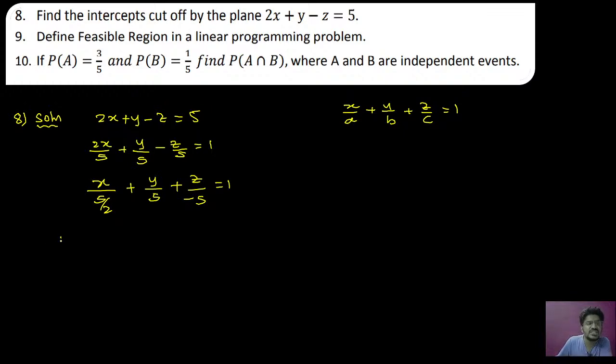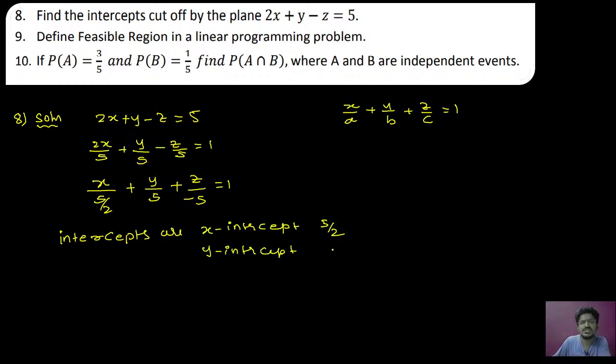Now the x intercept is 5 by 2, y intercept is 5, and z intercept is minus 5.